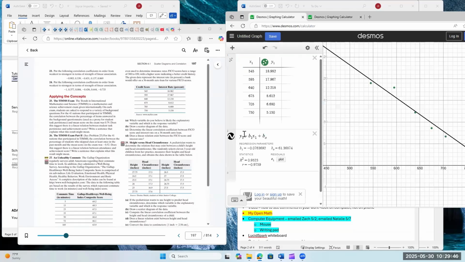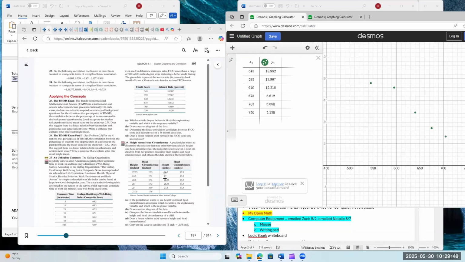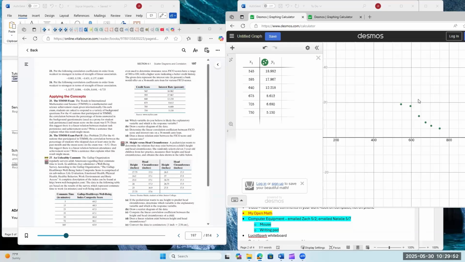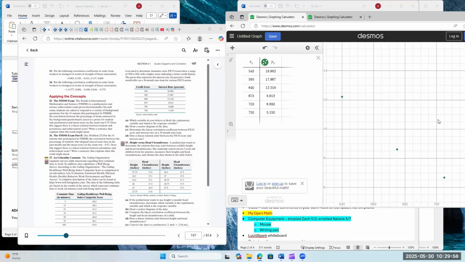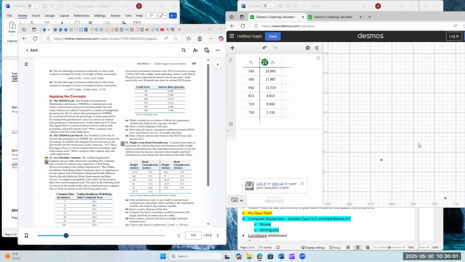And I actually did that in another screen here, so I'm going to get rid of that. And then just for a quick second, I want to show you, we like to zoom in and see the data. So when you enter it, you may be zoomed out, you may not see it. And rather than trying to play around with it and figure out how to get it zoomed in, this little plus sign here will do it for you.